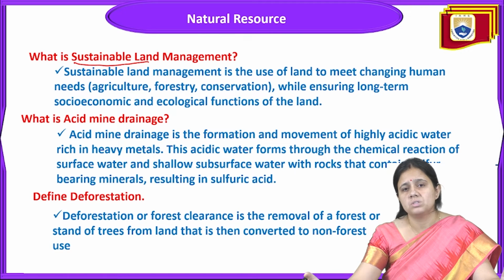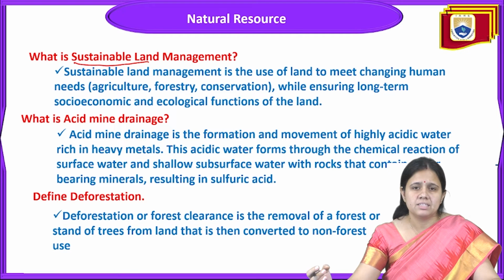It will not lose its productivity, it will not become barren land, and land degradation will not reach such an extent that future generations cannot use it. So land should be used in this way, so that it can be used by the present generation as well as future generations.